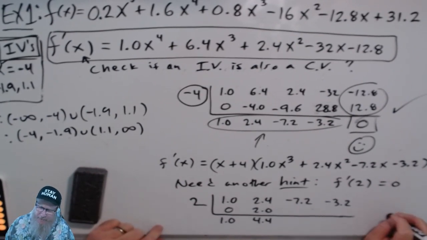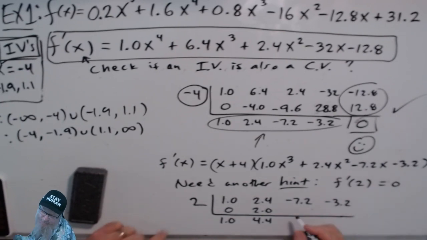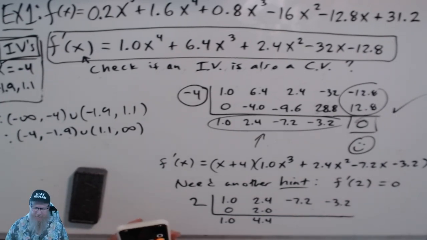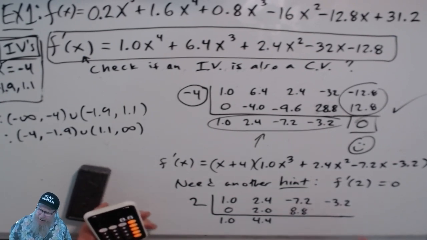Something went wrong. I didn't get 0. Well, maybe I'm panicking for no reason. 4.4 times 2, 8.8. Oh, no, it's fine.